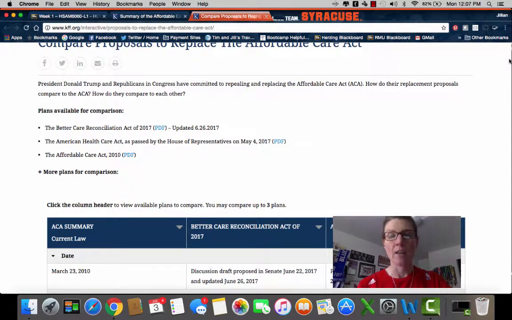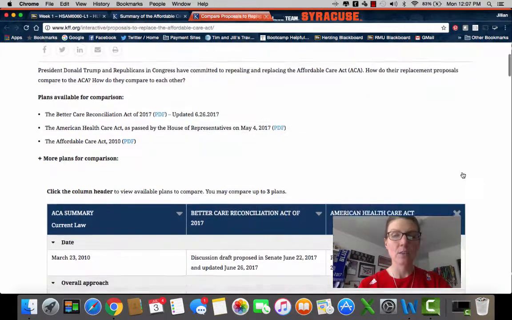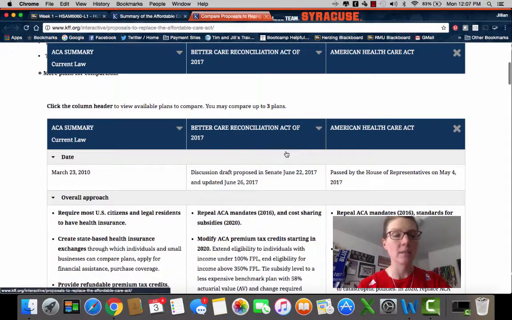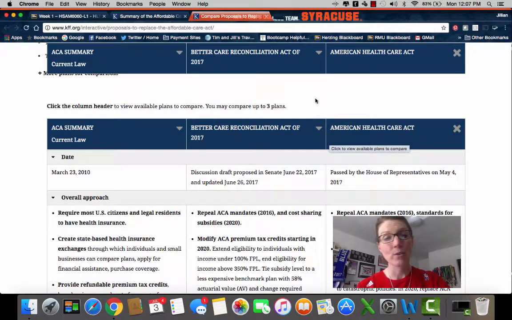But yesterday, one of the White House spokespeople said that because of all the disagreement amongst these two plans, and the fact that the Republicans can't even agree on these two plans, they're now considering a repeal with no replace right away until there's some bipartisan support of those two plans or of a plan. So that would be interesting because that would really cause some significant issues in the industry. So that'll be something to watch moving forward.